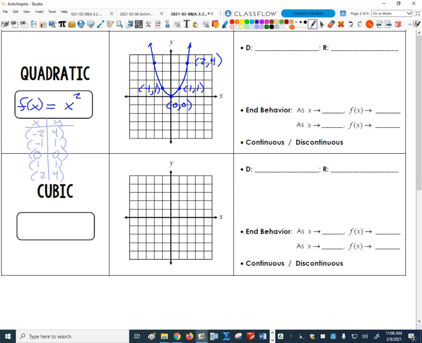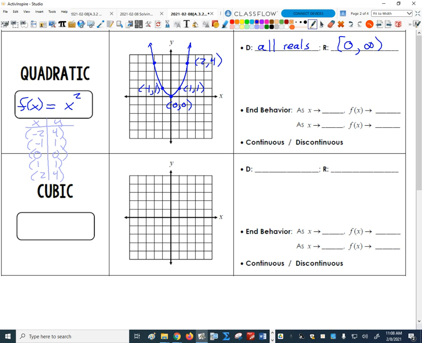He could go infinitely far to the left also. But just like before, the range is limited. There is this bottom y value, which is 0 again, and then it goes up forever. So the range extends up to positive infinity. But there is a bottom y value, and we need a bracket there just like before because the ant could stand on the y value of 0.